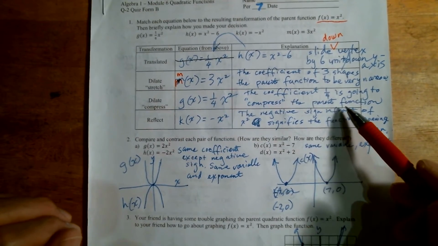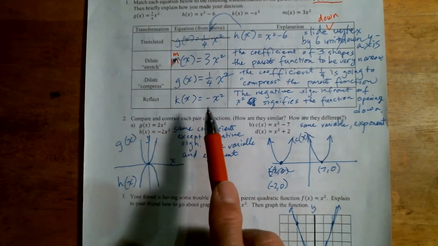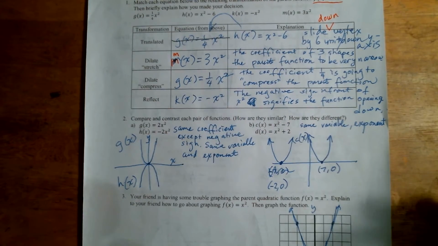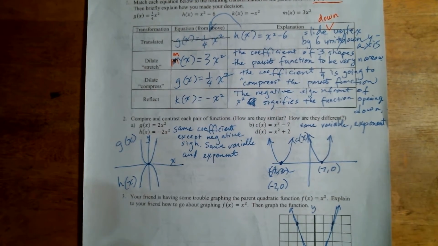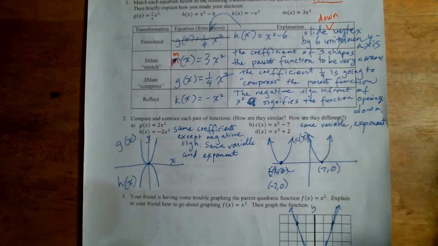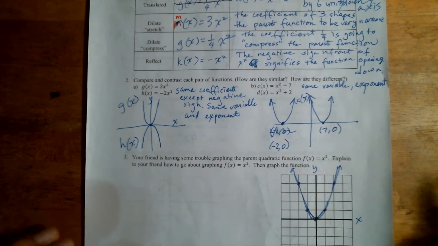And we also know that if we see a negative sign in front of the parent function, it'll be a reflection and it'll open downward. Okay, very good.